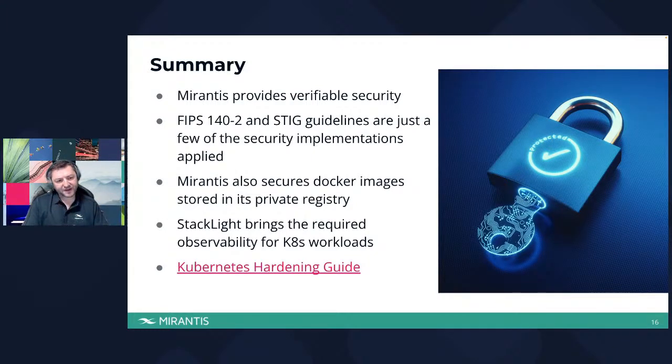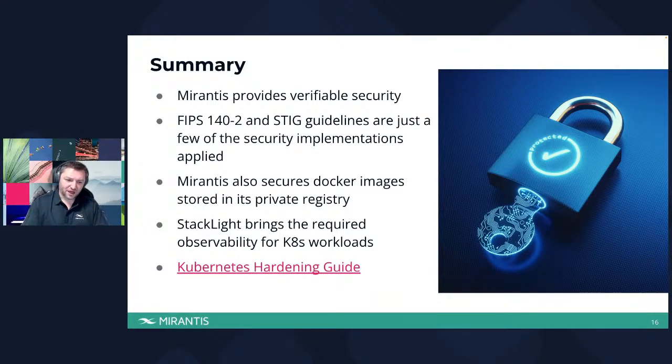You also understood that we provide a secure private registry in order to secure Docker images. But not only that, we are also able to store Helm charts in the registry, so you can have full, secure storage of images and Helm charts, which are the packaging of Kubernetes applications.